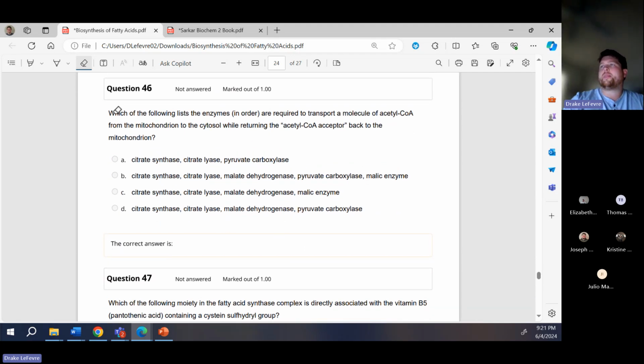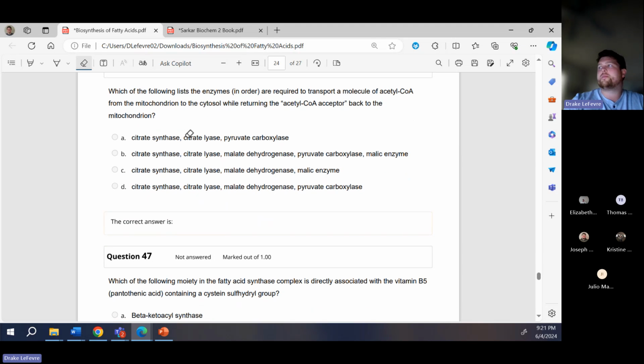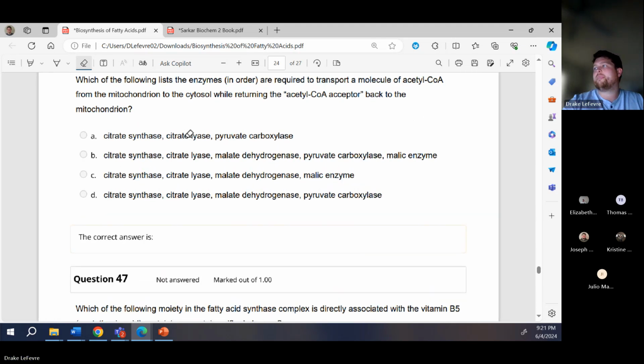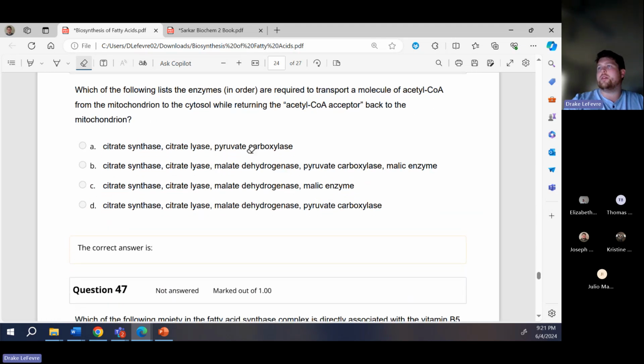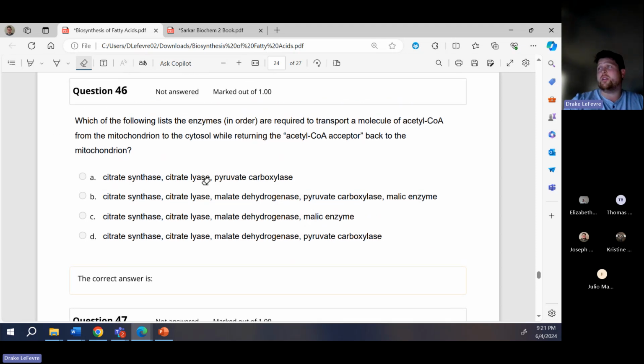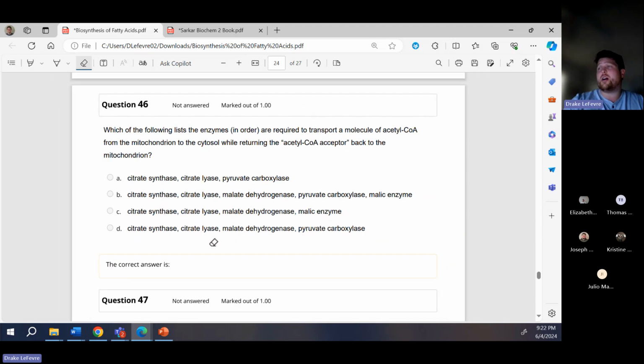Oh, here we go. List the enzymes required to transport a molecule of acetyl-CoA from the mitochondria to the cytosol while returning the acetyl-CoA acceptor back to the mitochondria. Honestly, this question is a really good one. Rather than drawing out that whole process, use this question as a guide to learn it.